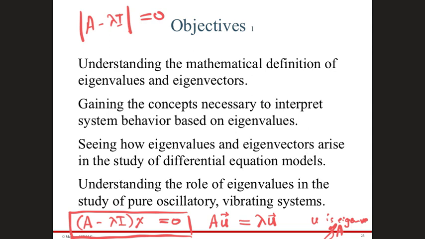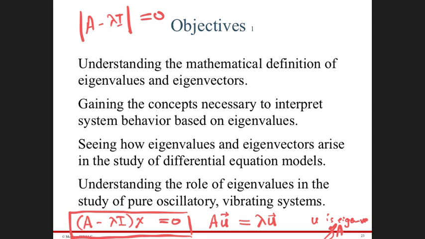Now in the case that the determinant of A minus lambda I is equal to 0, it means this equation can be valid for values of x other than the trivial one. Regardless of whether x is equal to 0 or not, I can find some lambda that satisfies this equation.